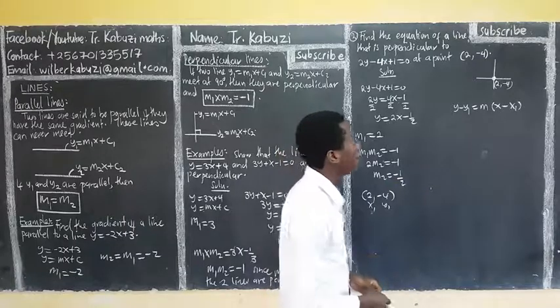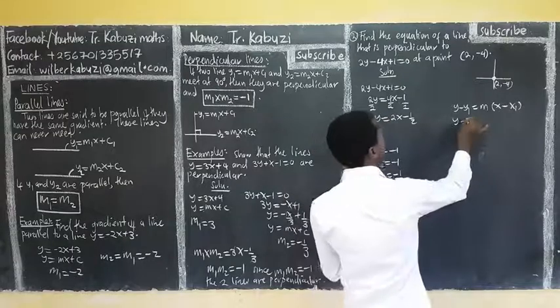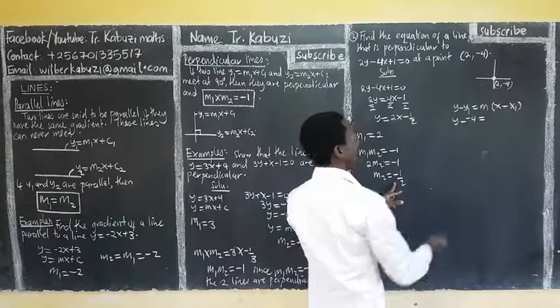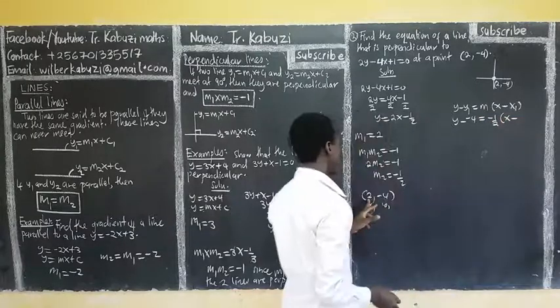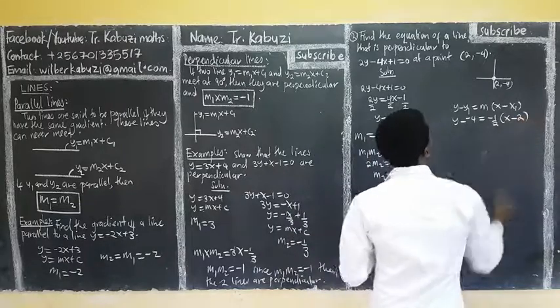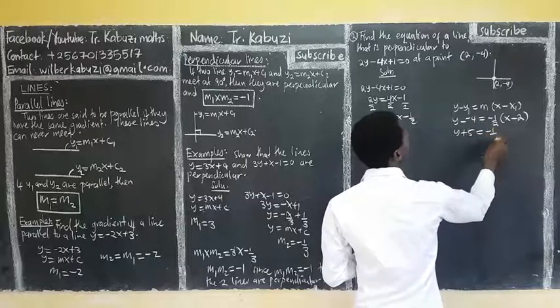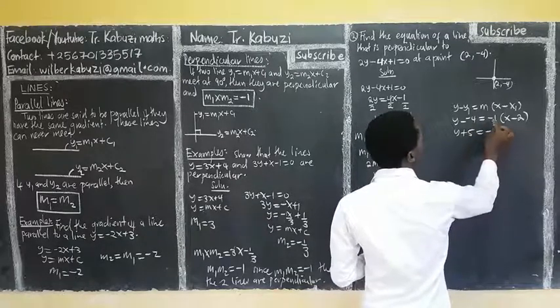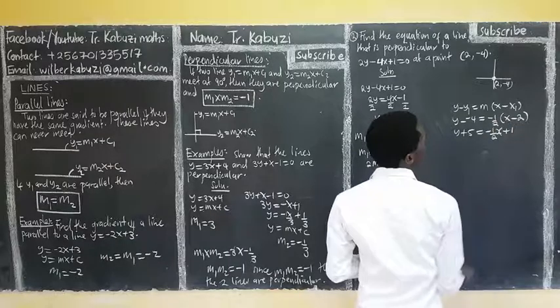As simple as that. So now, here you see x and y are the variables. y minus y1, where y1 is negative 4 from here, equals m, the gradient of the line we want to find, times x minus the x coordinate of the point, which is 2. Then if you simplify, this will be y plus 4 equals negative 1/2 into, open brackets, x minus 2. Negative times x gives negative x over 2, then negative and negative gives plus, and 1/2 times 2 gives 1.